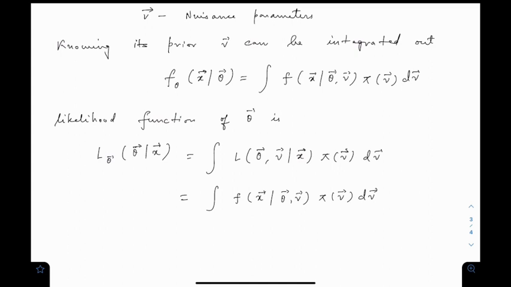Now, if the PDF is of the form, just to simplify the discussion, we are using theta and nu instead of the vectors theta and nu.